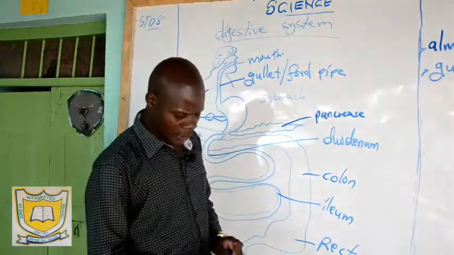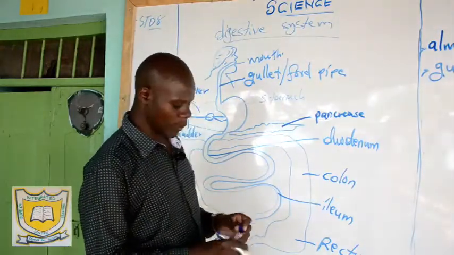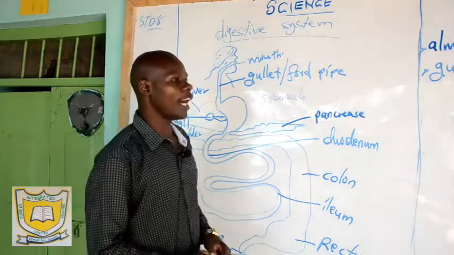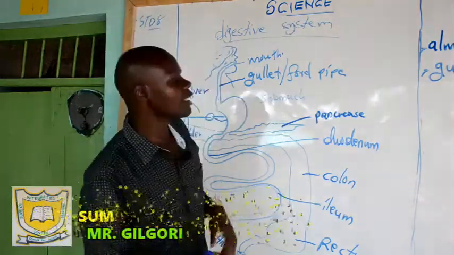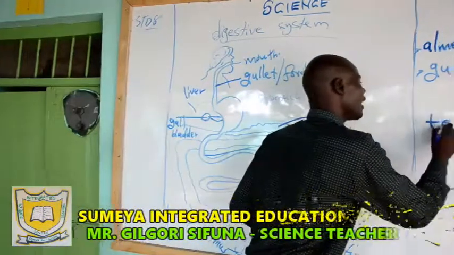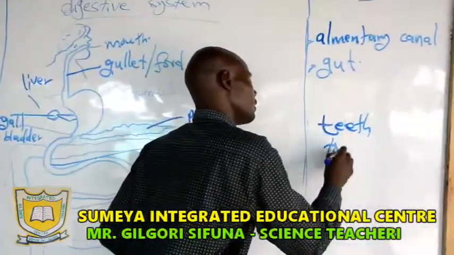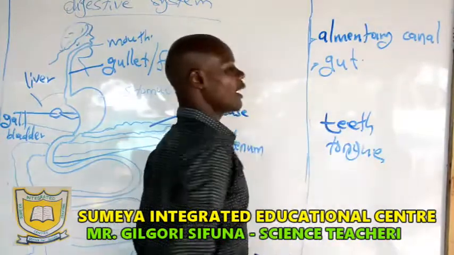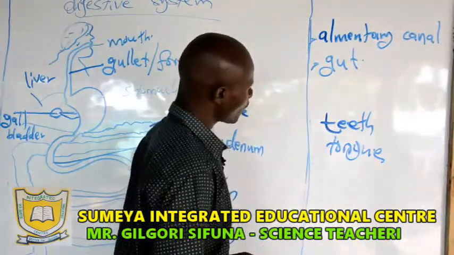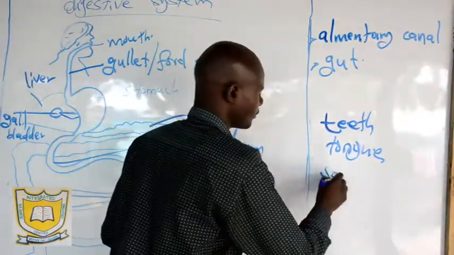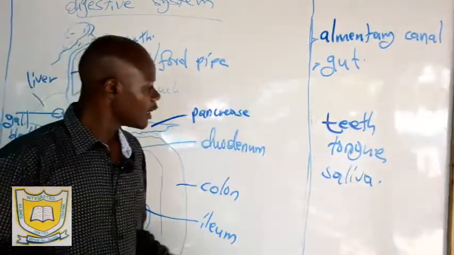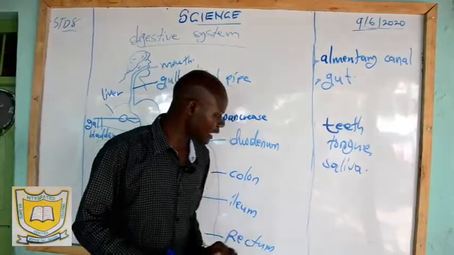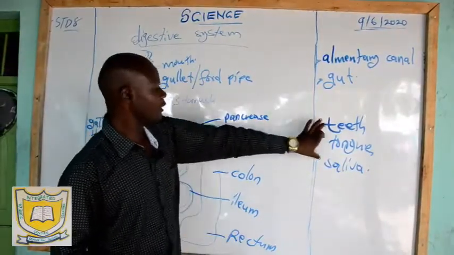Now let us explain how digestion takes place in the digestive system. Inside the mouth we have the teeth, the tongue, and also the saliva. These are the first step.